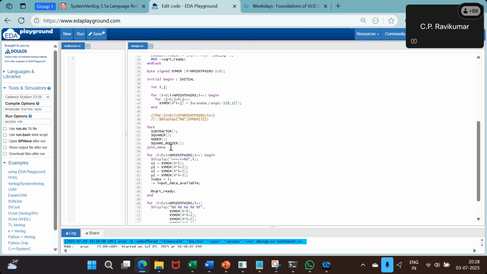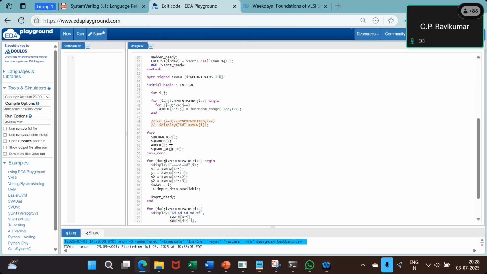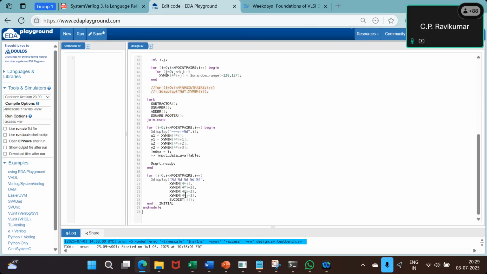Then wait for square root ready, which can only come after this guy does, and then it is supposed to go back, right? This for loop is there. Any idea what is going on?